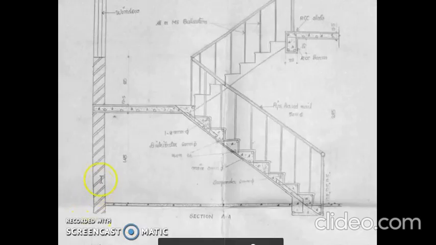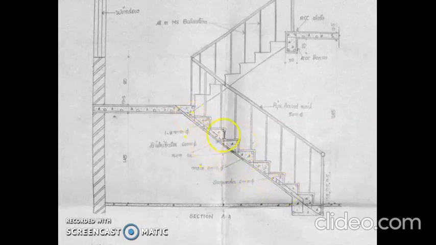Here in this drawing you can clearly see how the reinforcements are given. First draw the main bar. Slanting line indicates the main bar. Then above that, draw the distribution bar as small circles.